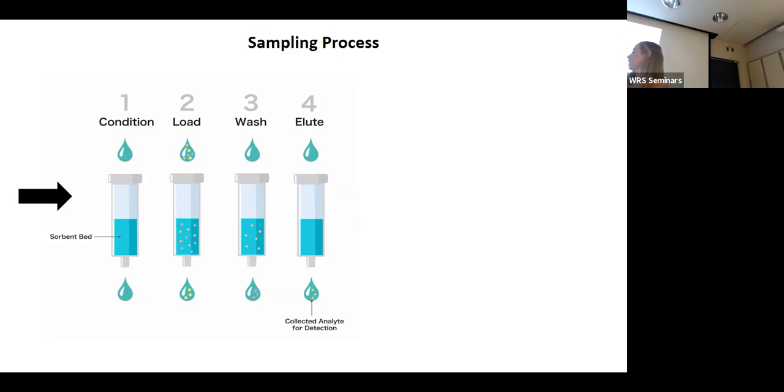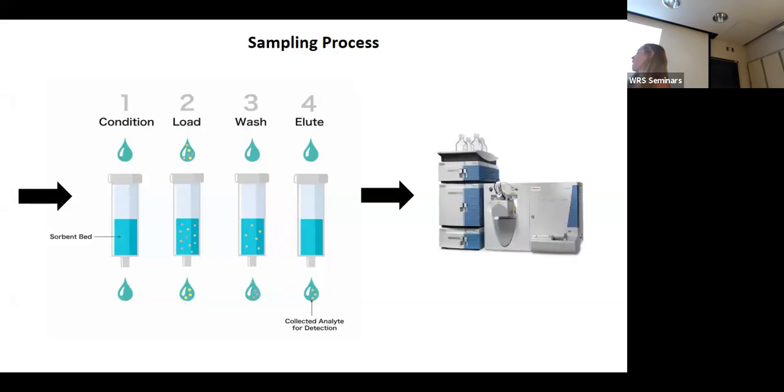And then finally, we put through methanol, and that washes completely off our antibiotics. We collect that eluent. A couple more steps are done, and then we can analyze it on an HPLC, or liquid chromatography tandem mass spec. Pretty much it allows us to differentiate these antibiotics because so many of them are so similar to each other. If we didn't use this, we wouldn't be able to tell the difference between them.